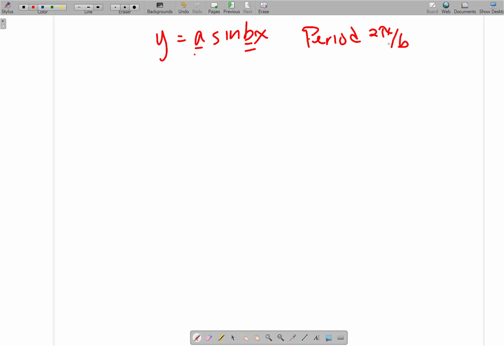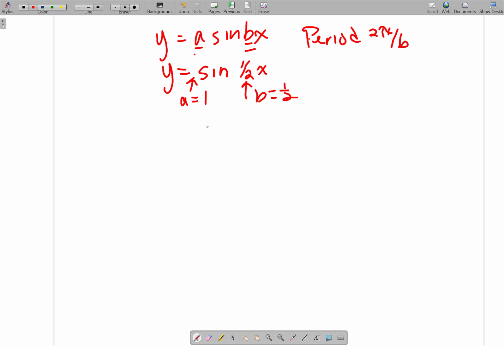Now, we looked at different values for a, but we didn't look at different values for b. So this video is going to look at a sine bx. For example, we're going to look at y equals the sine of 1/2 x. Notice b equals 1/2 and a equals 1, as there's nothing there.